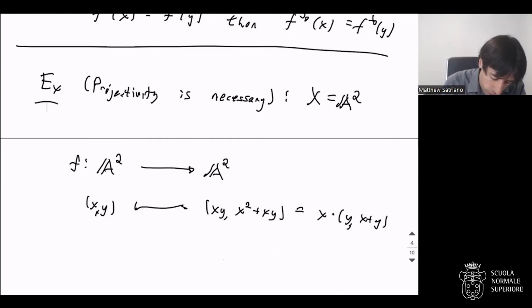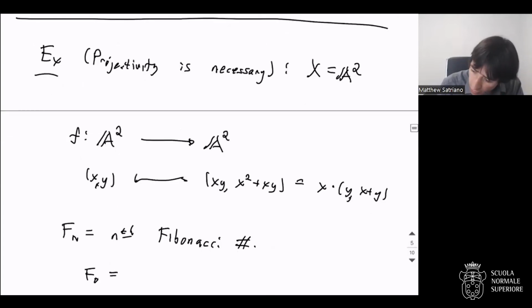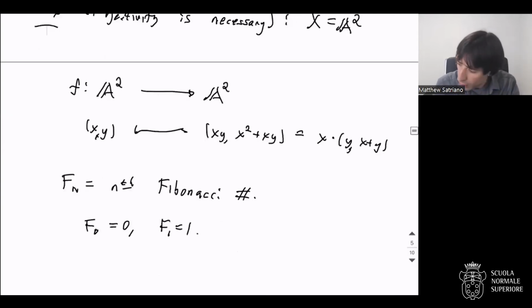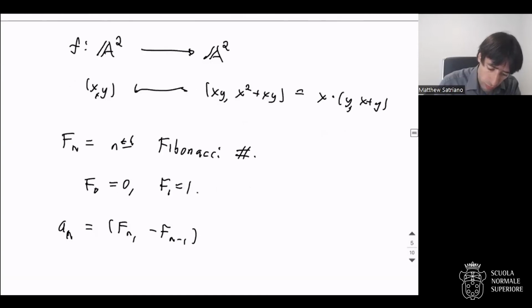So let F_n be the nth Fibonacci number, where F_0 is 0 and F_1 is 1. So that's the conventional one. The sequence we're going to look at is a_n equal to (F_n, negative F_(n minus 1)).